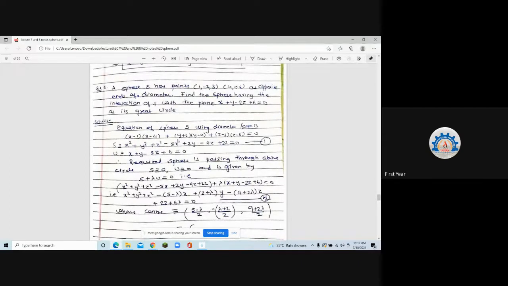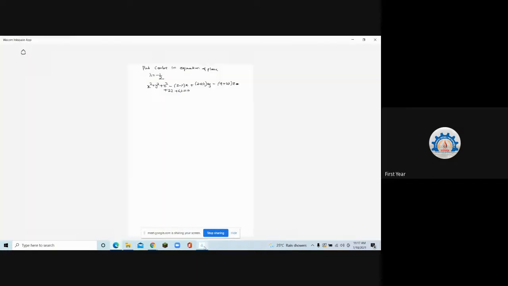The equation is x square plus y square plus z square plus lambda minus 5 into x, plus 2 plus lambda into y, plus 2 lambda minus 9 into z, plus 22 plus 6 lambda is equal to 0. So put the value of lambda in this equation and tell me what the equation of the sphere is.